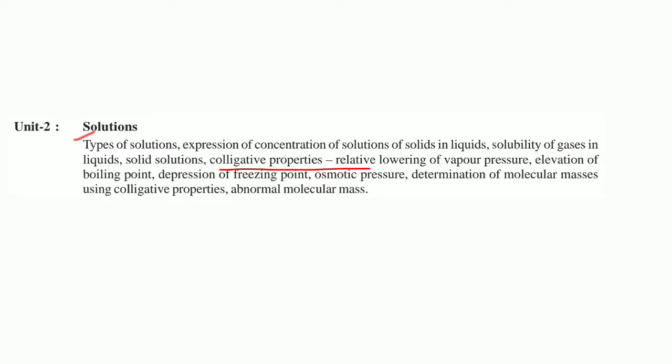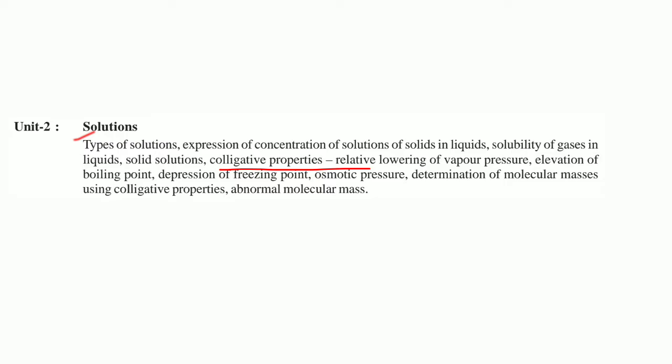Then we'll go to the colligative properties, which are very important, like relative lowering of vapor pressure and elevation of boiling point. We often observe these colligative properties, like lowering of vapor pressure, when we use a pressure cooker to cook things.